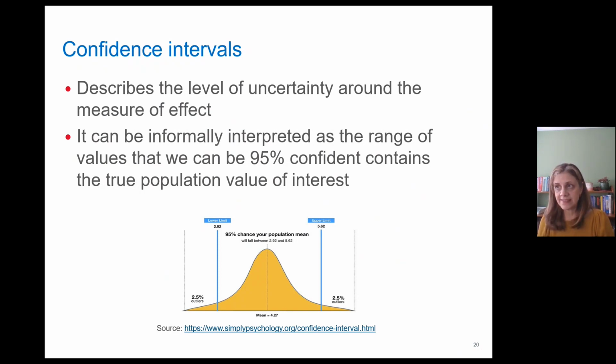This isn't quite statistically correct, but a confidence interval can informally be interpreted as the range of values that your 95% confidence contains the true population value of interest.